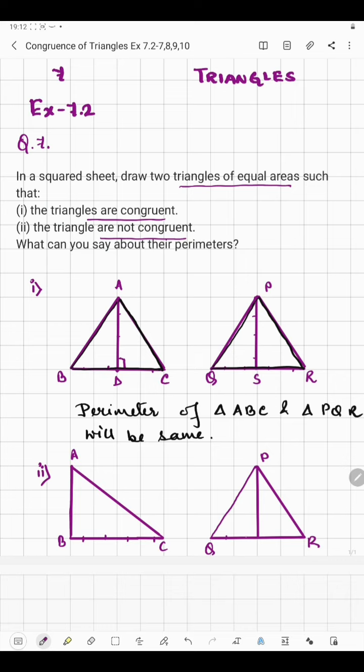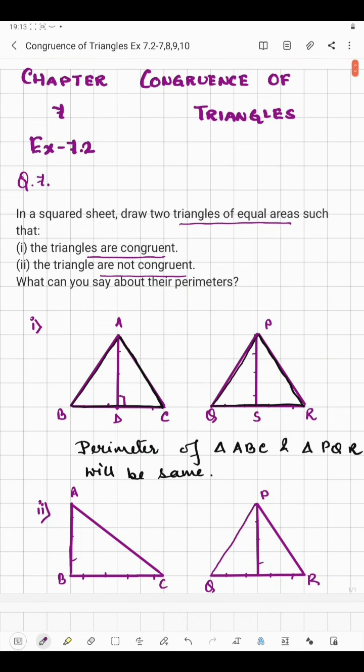Here also 4 units, and the height of triangle ABC is 1, 2, 3, and here also 1, 2, 3. To get equal areas of the triangles, we need to make the base and height the same. So we have taken 4 units for the base and 3 units for the height of both triangles. So the areas of triangle ABC and triangle PQR are the same.